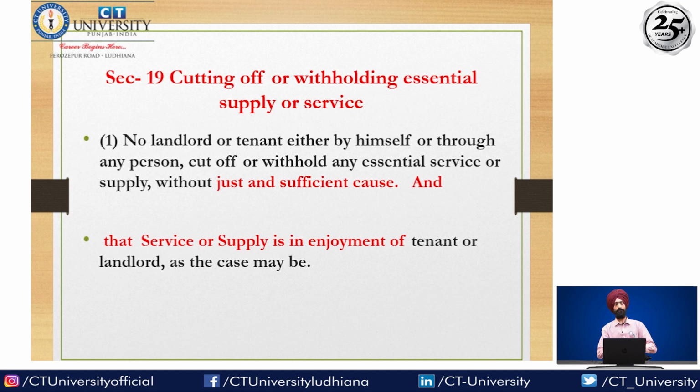Now I will clear this up by taking one example. Suppose there is one property with two portions. The ground floor is in use of the landlord and the first floor is in use of the tenant. There are electricity wires going from the portion of the landlord to the upper portion, where the tenant is residing.